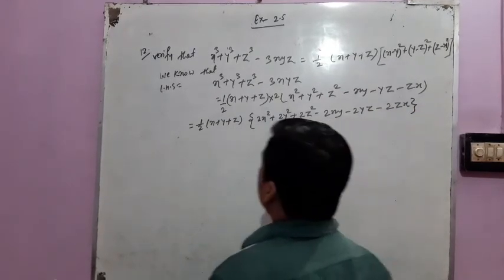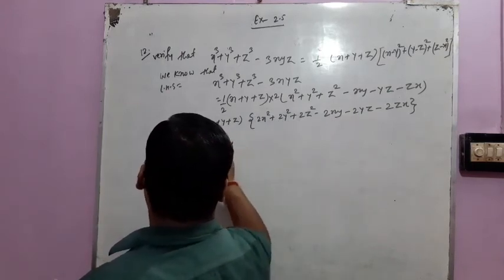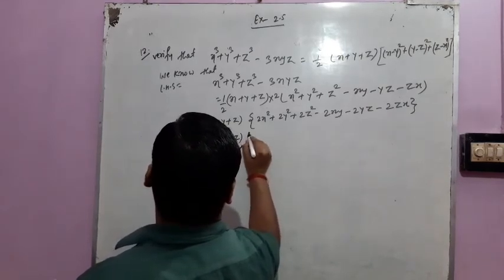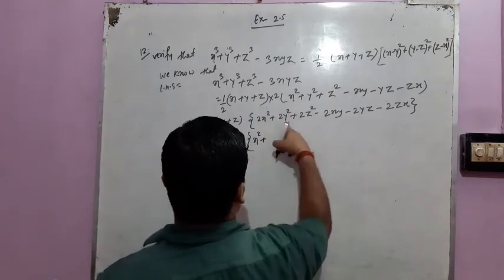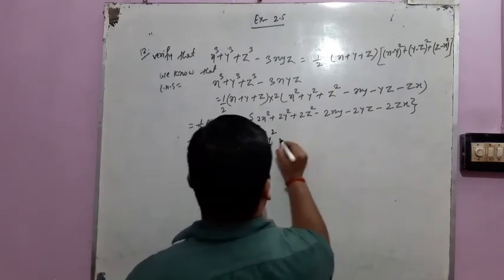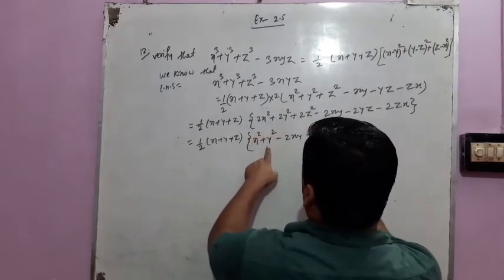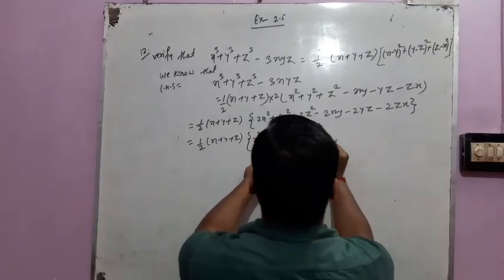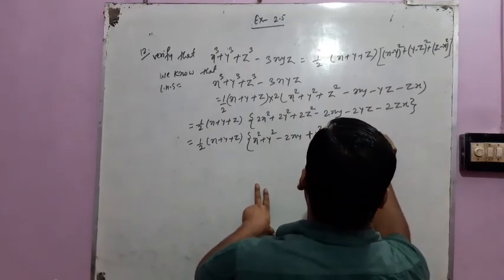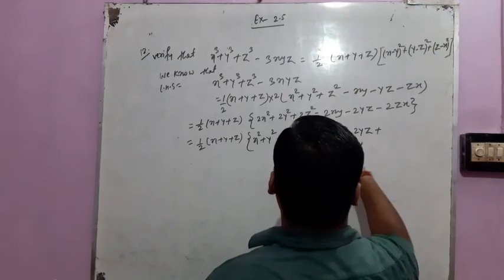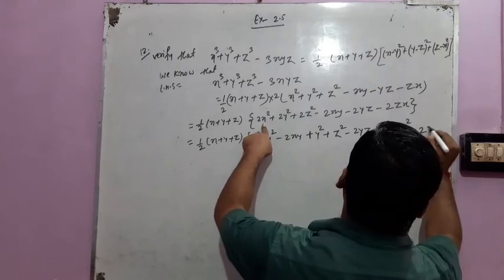Now, students, we take 1x square from here, 1y square from here, and minus 2xy. Here 1y square we have taken, 1y square is remaining. So here we add y square, taking 1z square from here, and here minus 2yz. Again 1z square is remaining. We take 1z square, the remaining 1x square, and minus 2zx.